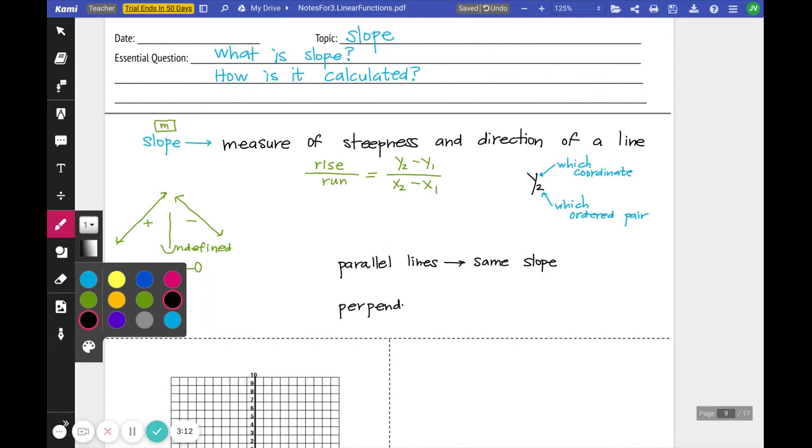Perpendicular lines, their slopes are opposite reciprocal. Opposite means that one is plus and one is minus. Reciprocal means that our fraction has been flipped over. Okay.